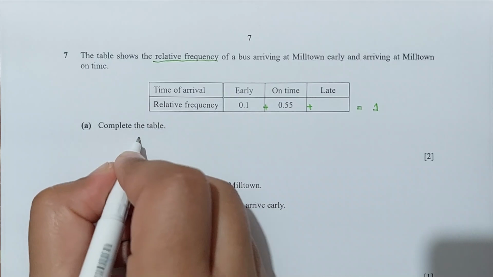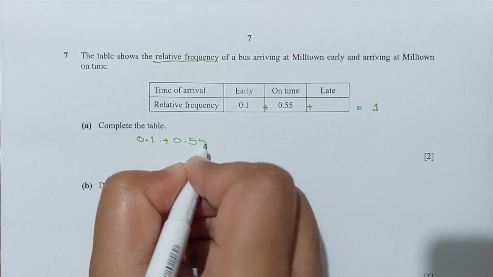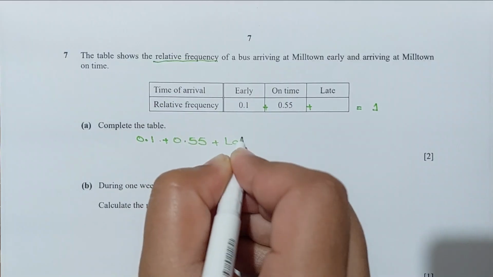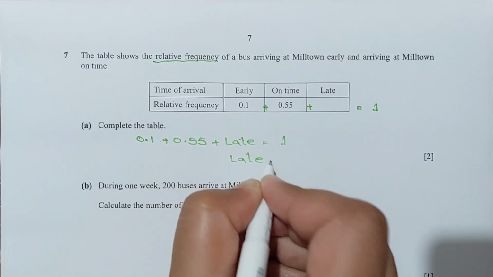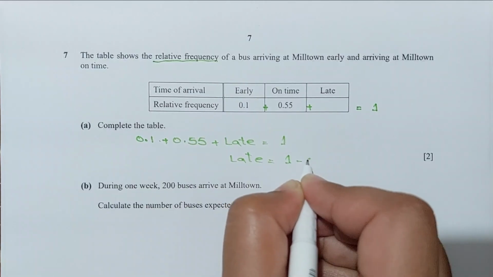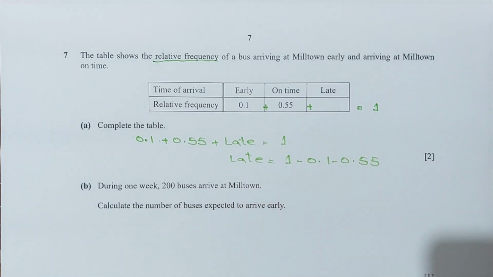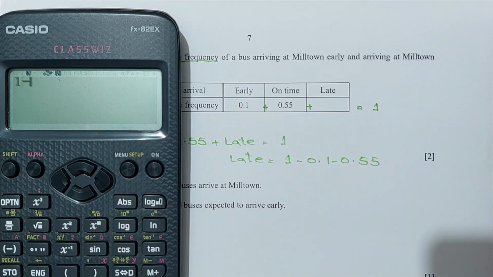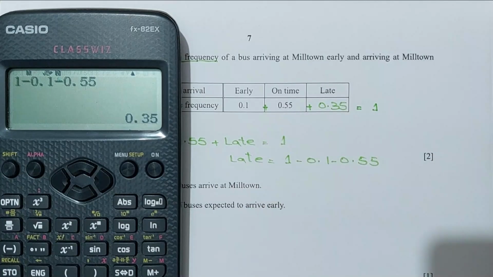So 0.1 for early, 0.55 on time, plus the relative frequency for late equals 1. To find it, from 1 we subtract 0.1 and subtract 0.55. 1 minus 0.1 minus 0.55 is 0.35.